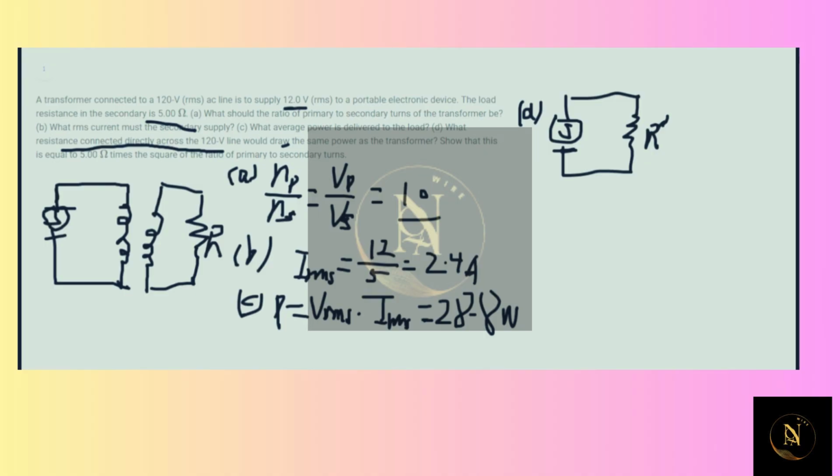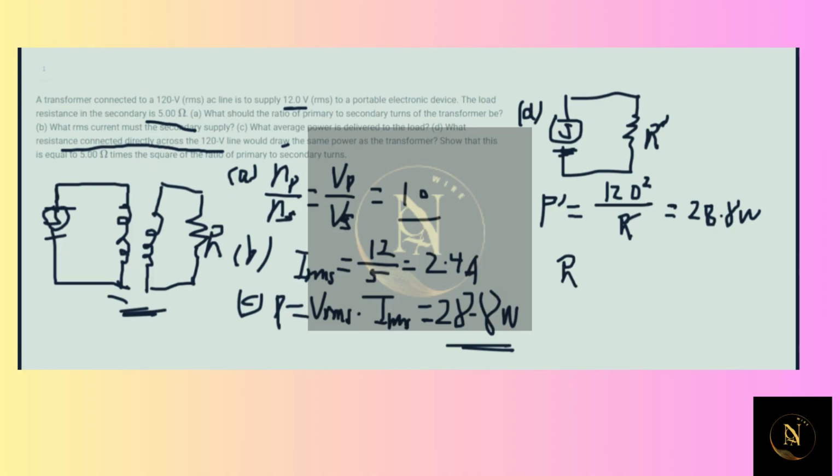So the power in the new circuit is simply P prime equal to 120 volts squared over R prime, right? So this is the power in the new circuit, and it should be equal to the power in the original circuit. It's equal to 28.8 watts as we obtained here.